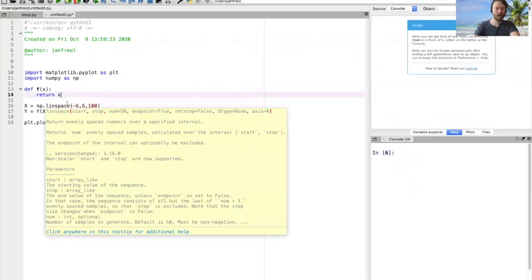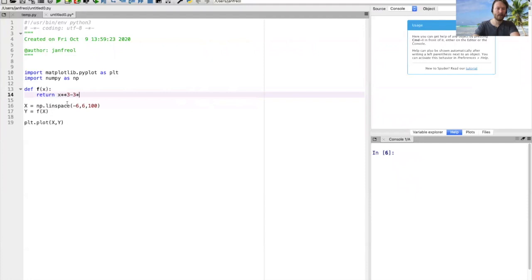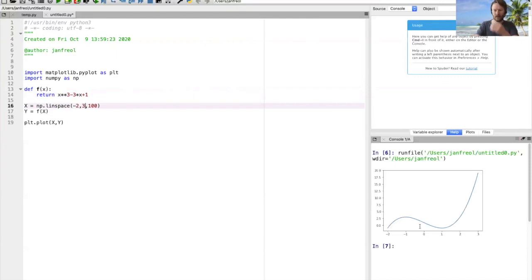We do x to the third minus 3x plus 1. Let's plot it from minus 2 to 3. And then we see, here at minus 2, we're at minus 1. Well, it's not so clear, but we kind of know it. And here at minus 1, we're at 3. And here at 1, we're at minus 1. And here at 3, we're at 19.